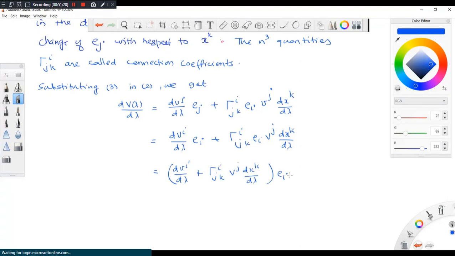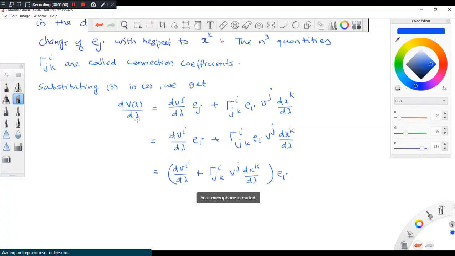So the left side is a derivative of a vector, and the right side is a vector. The differentiation is with respect to lambda.